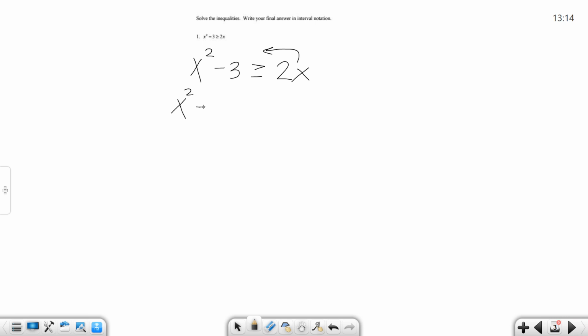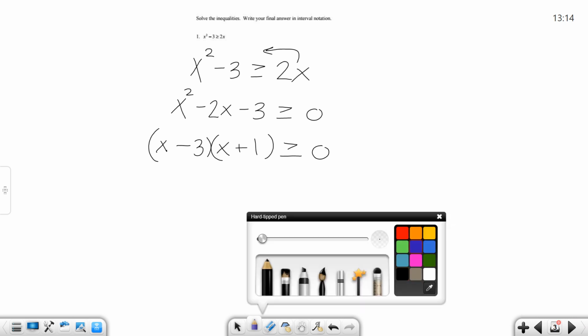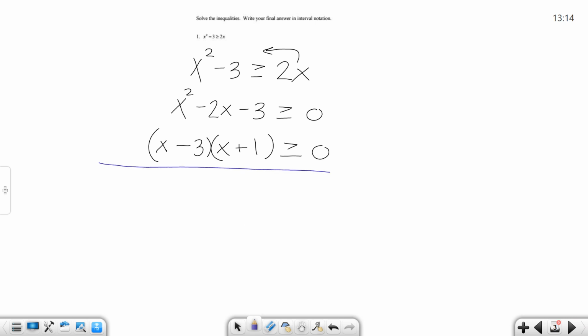I'm also going to put it in descending order, with the 2x in the middle so that I can factor it. This is an easy trinomial. The factors of 3 that subtract to give me 2 are 3 and 1. And this is how it looks. And this is the end of step 1.